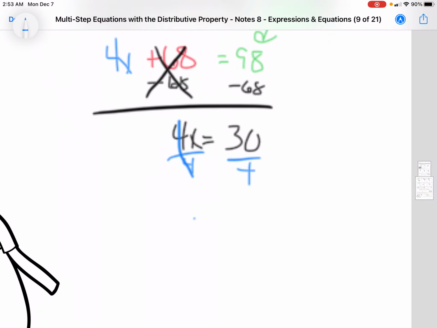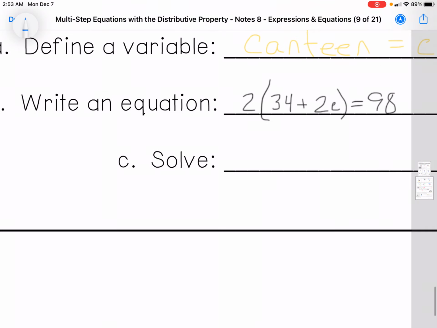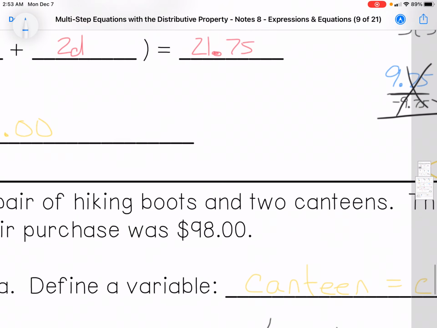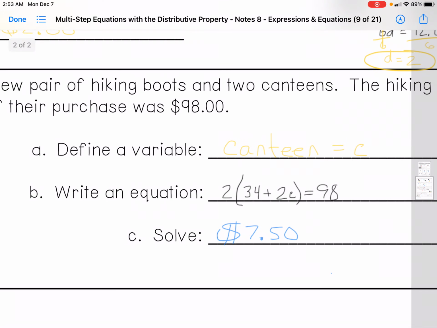And you're going to get x is going to equal 7.5 or 7 1/2, but we're talking about money, so we're going to use the top one. So x equals $7.50.